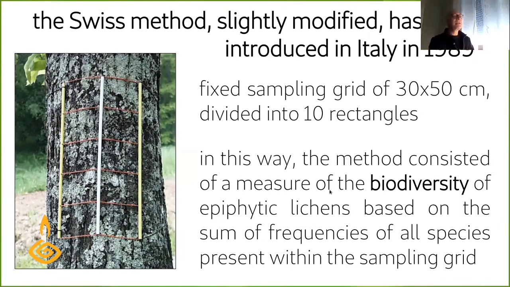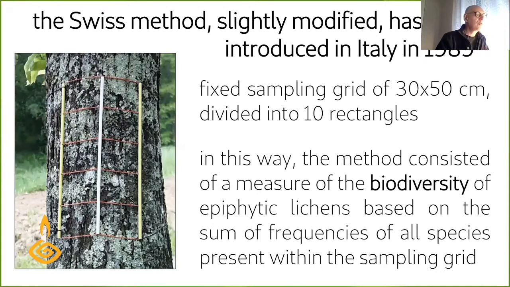In this way, the method was a measure of the biodiversity of the epiphytic lichens on the tree based on the sum of the frequencies of all the species present within the grid. So we had to go to a tree, place the grid, and then start counting the frequency for each species present on the tree. For each species, the frequency is a number ranging from 1 to 10.